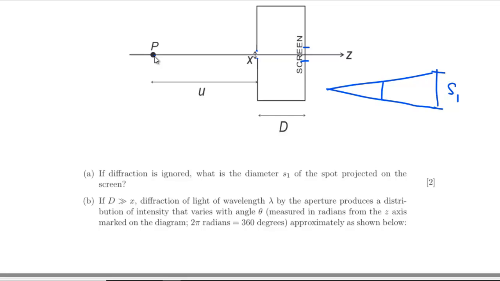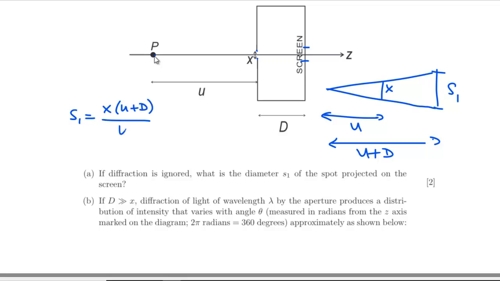This here at x is the aperture. This is u, and then that is u plus d. So we've got similar triangles going on. So we've got x over u is S1 over u plus d. So S1 is going to be x times (u plus d) over u.